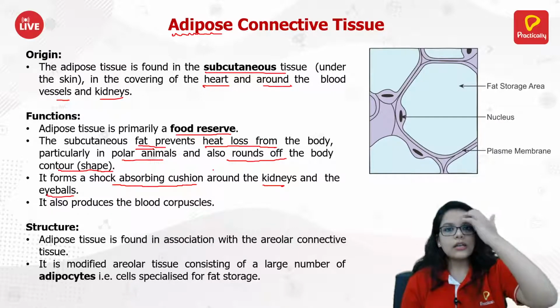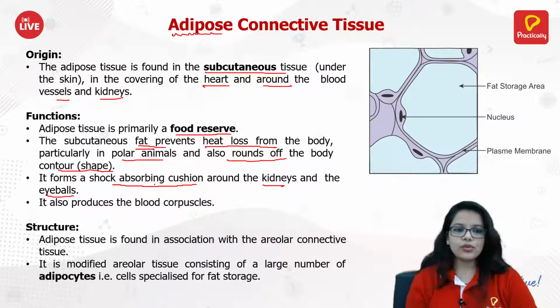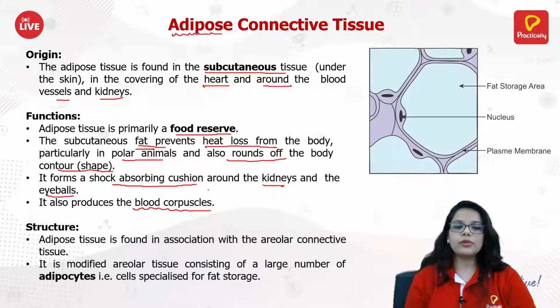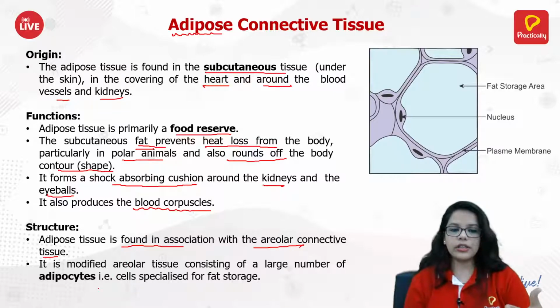That kind of function is done by the adipose connective tissue, and it also produces blood corpuscles. So apart from heat preservation and shock absorption, it also produces blood corpuscles. It is found in association with areolar connective tissue. So it is a modified areolar connective tissue consisting of adipocytes, cells specialized for fat storage.